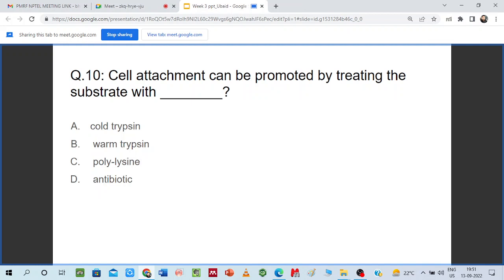Besides this, poly-L-lysine is nowadays mostly used in cell culture plates. Earlier, what substance was used? I think I gave the answer in earlier sessions.